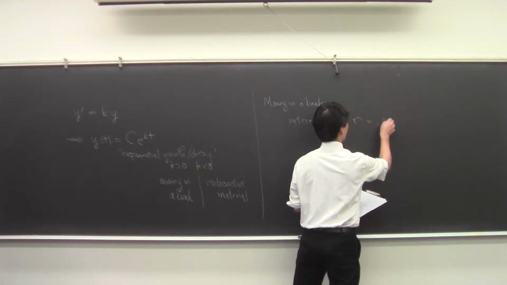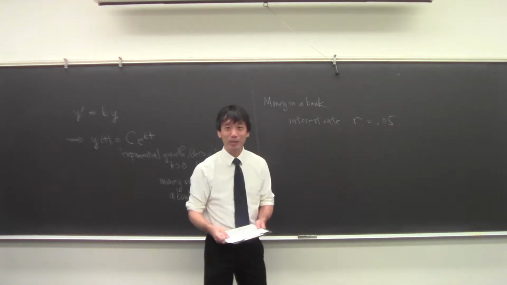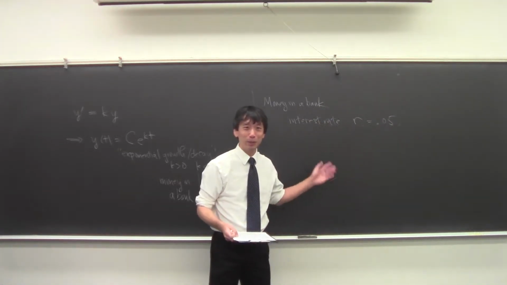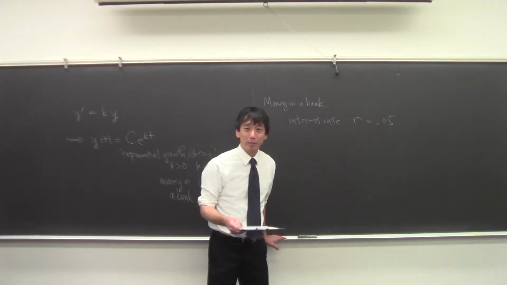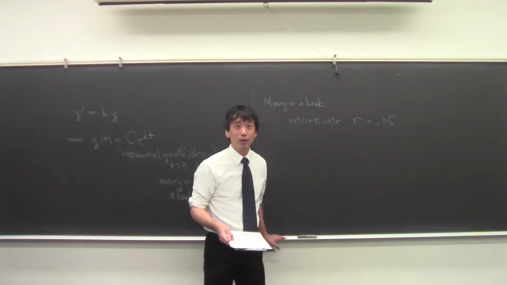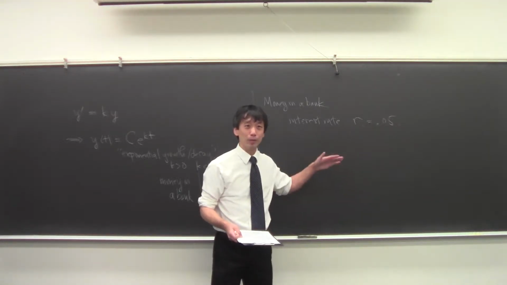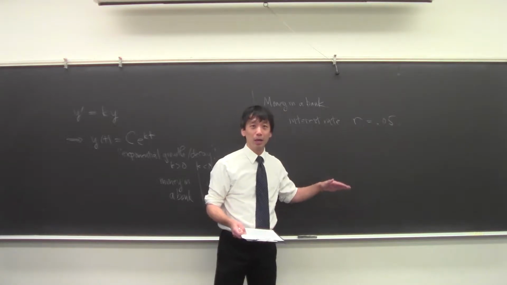That'd be crazy. Nowadays, there are no banks that will give you 5%. But a long time ago, there used to be. Nowadays, if you put money in a bank, it typically grows at like a 1% rate. Well, what does that mean?